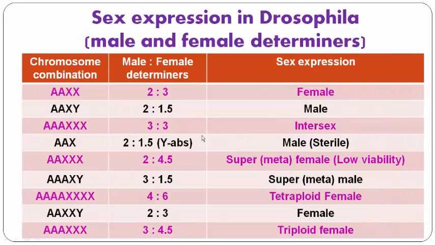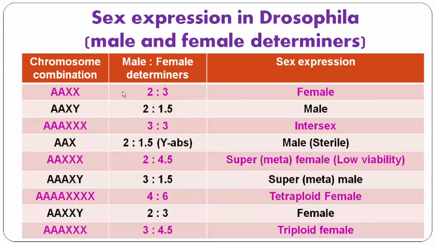female determiners. This table shows 3 columns. In column 1, chromosome combination is noted. In column 2, male to female determiners proportion is noted, and in third column, sex expressions are mentioned. So now we'll see one by one the details of chromosomal combinations.